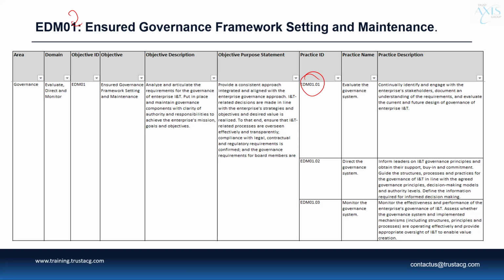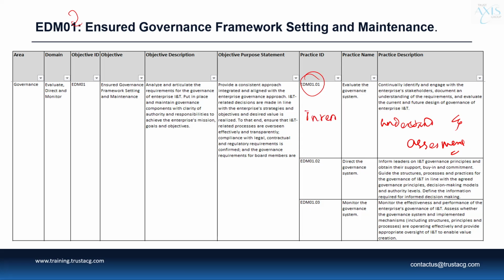Now, the first practice under this governance objective is to evaluate the governance system. Here the goal is to understand and assess the governance environment that you are operating within, right?